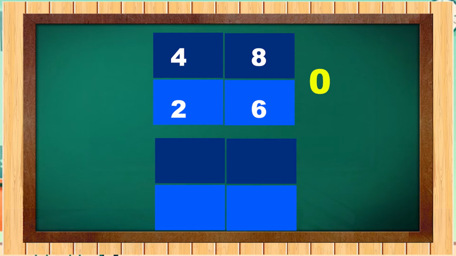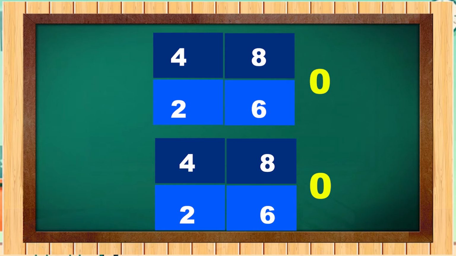Now let's go to our box at the bottom. The same numbers we filled in the box at the top, we will fill those numbers in the box at the bottom. So we should have in our boxes 2, 4, 6, 8. Now let's move along.